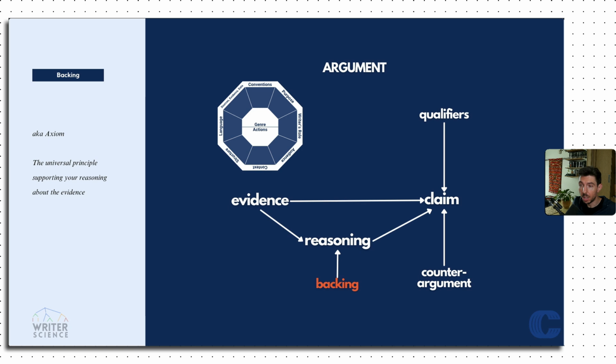Now, finally, once you have gone through, you've analyzed the evidence, you've applied your reasoning to it, you now come to a claim. And a claim is the answer to the question, so what? What's your point?